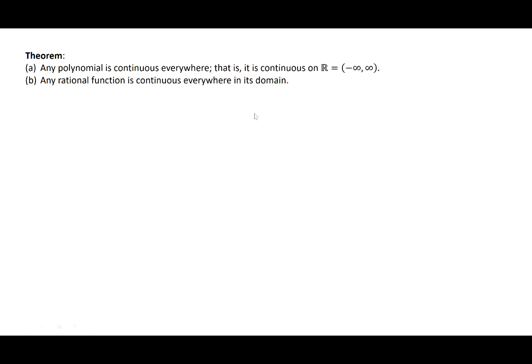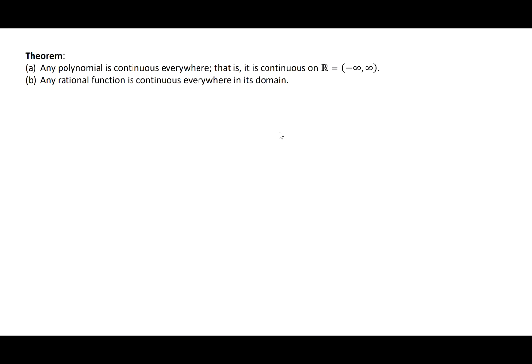And a rational function is continuous everywhere in its domain. That is the key. What do I mean by that? Is 1 over x minus 1 a rational function? Yep, a rational function is a polynomial over polynomial. 1 is a polynomial. What?